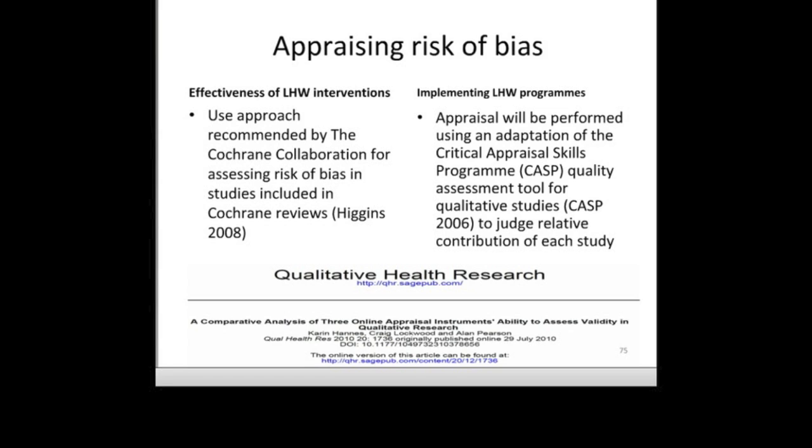I've published an article in which different online appraisal instruments are assessed based on their ability to assess validity in qualitative research, and it outlines the pros and cons of, for example, the CASP instrument compared to the Joanna Briggs instrument on quality appraisal that is also often used by qualitative researchers. So you may want to look into that article to make a final decision.